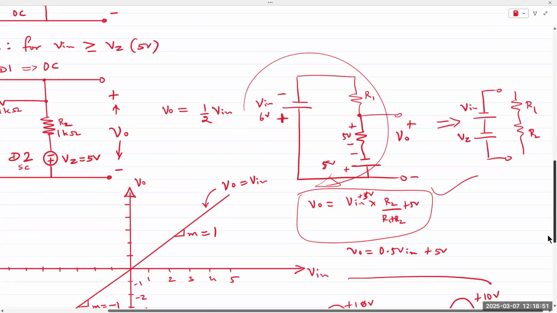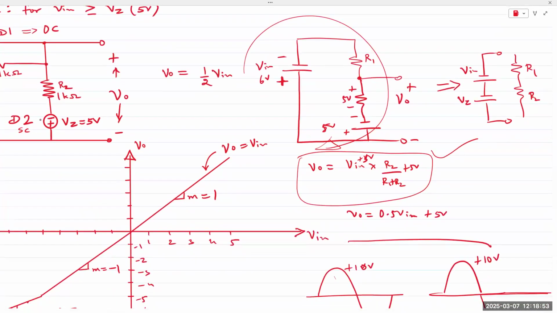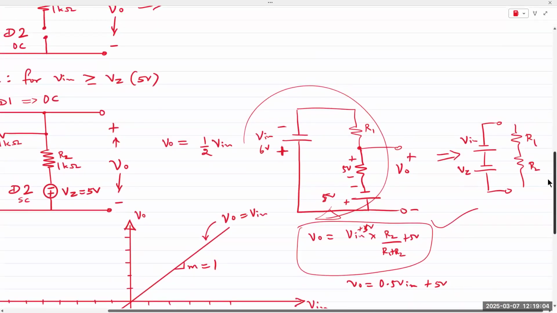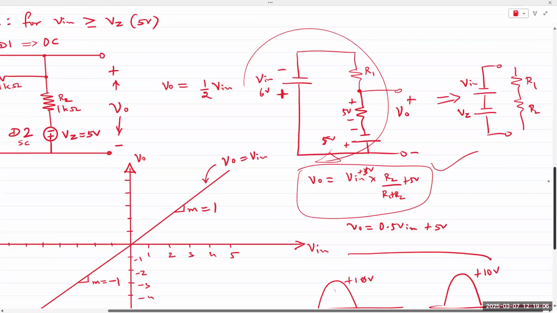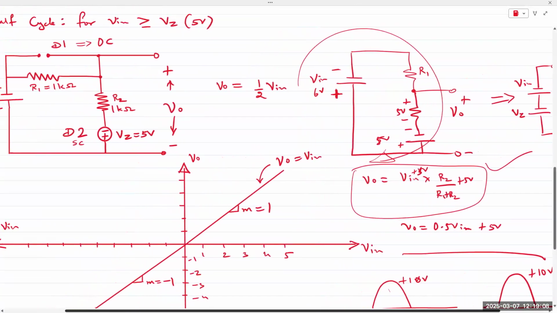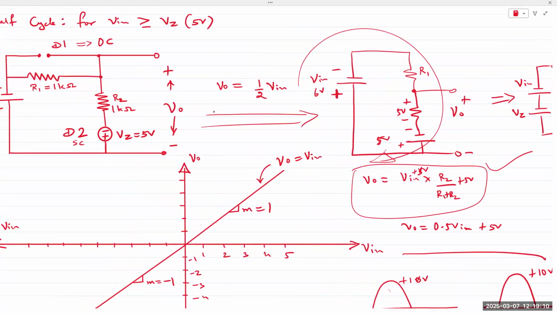So here in this diagram, I'm taking VZ with my anode as negative and cathode as positive because it's a Zener diode. Okay. So I would add VZ to V in because they would appear in series to R1 and R2.